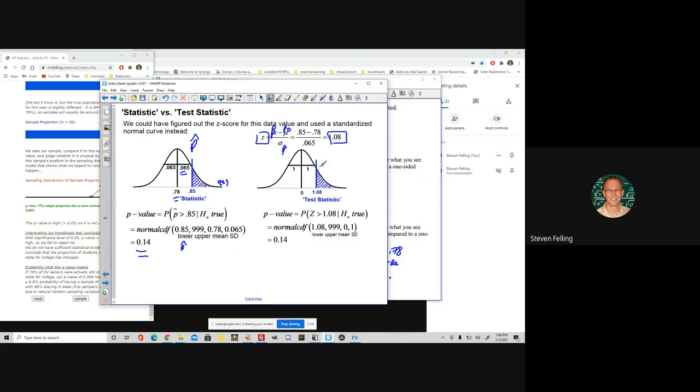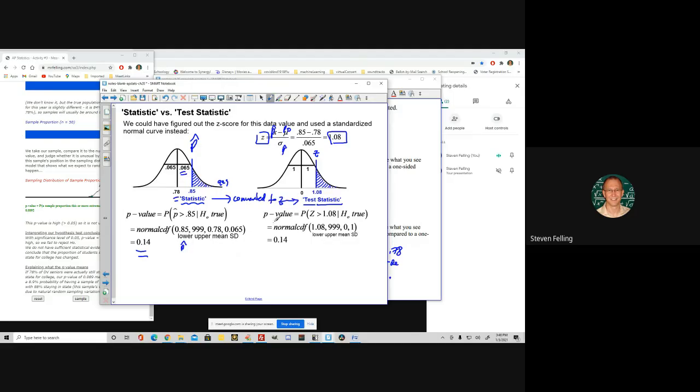Now this is not p hat any longer. This is a z-score that corresponds to a p hat. Instead of calling it a statistic, we call it a test statistic. So if you see the word test statistic, it means the statistic converted to a z-score.